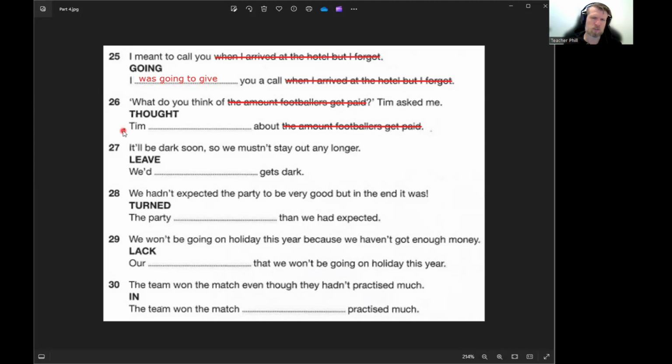But I think we can still start here with Tim asked. I think that still works. If we say Tim asked. And then, because it says here about, maybe we can say thought about. Think about is a nice combination. It's often a combination of verb and preposition. So think about.